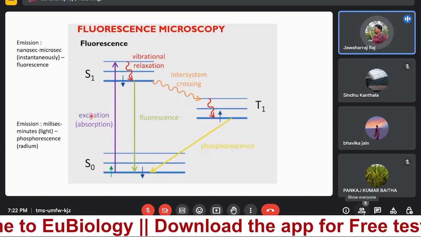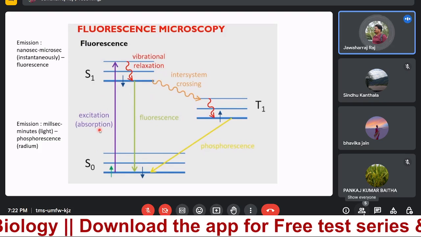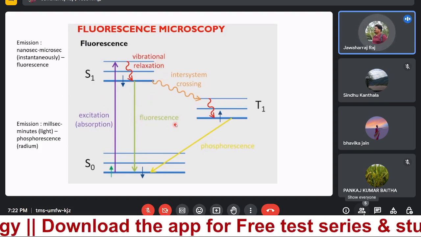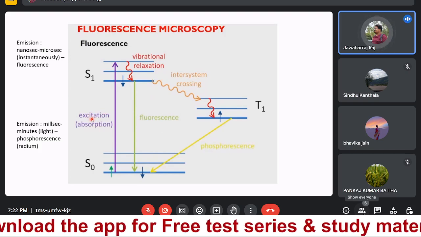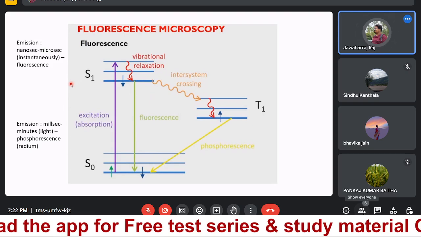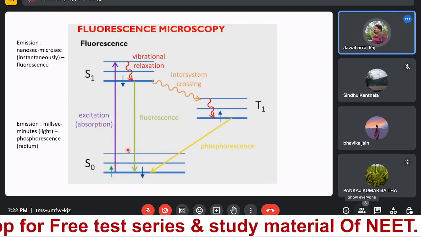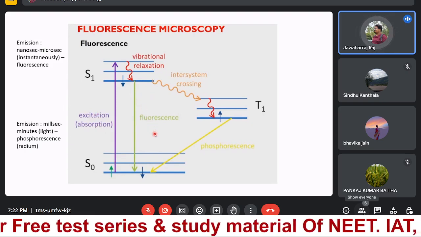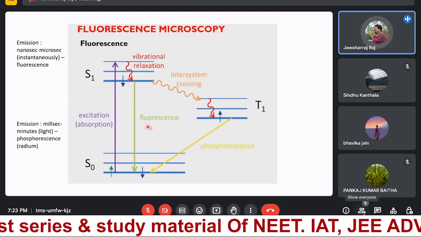That's why the excitation energy, the light which hits the electron, is more than the energy which is emitted. As we already know, energy is inversely proportional to wavelength. So here the energy is more, means the wavelength is less. Here the energy is less, but the wavelength is more, and it is called fluorescence.